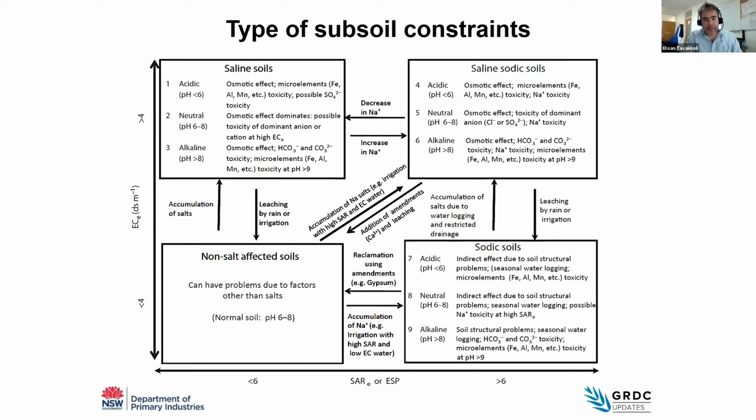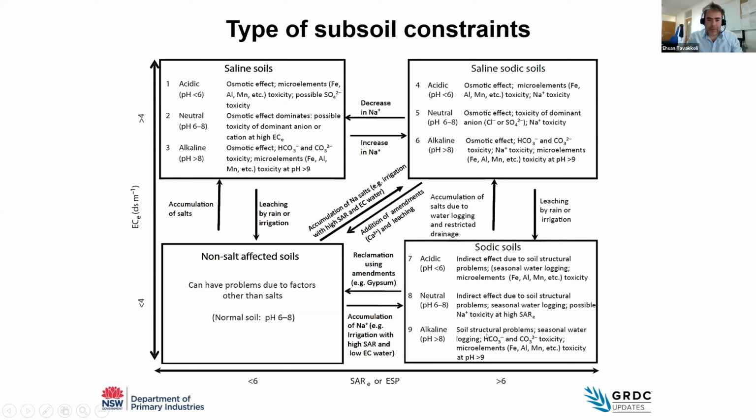So the point of this diagram is to just highlight what a complex problem subsoil and soil constraints are when you interrelate the pH, salinity, and acidity. And I think at some stage I came up with 16 different categories of these soils, but we can actually summarize them into some really key ones.